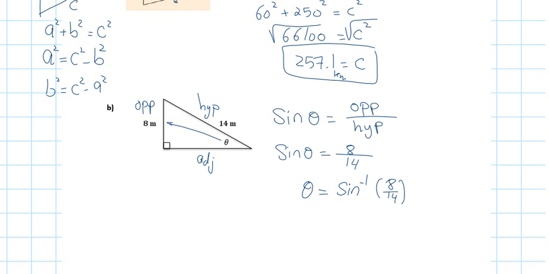And your angle is going to be to the nearest degree. Usually angles, unless the question says otherwise, I leave to the nearest degree. So in this case, it's 39 degrees. Okay, so make sure you do sine inverse, open bracket, 8 over 14, close bracket.